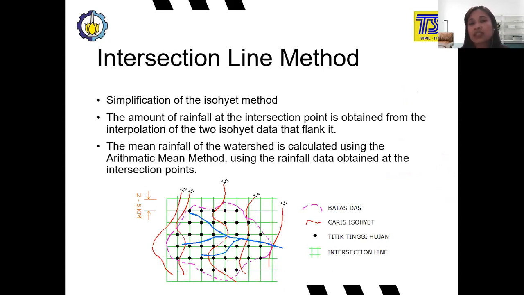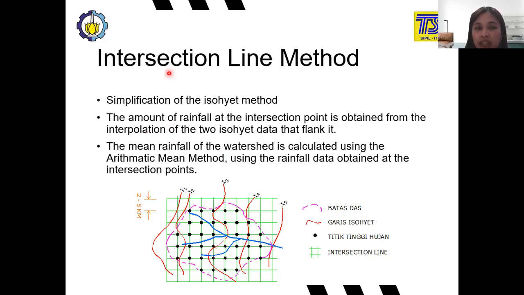And the last one is the intersection line method. This is the simplification of the isolated method, because we got help from the intersection line. If we only have the isolated lines, it is harder for us to calculate the area from each station.